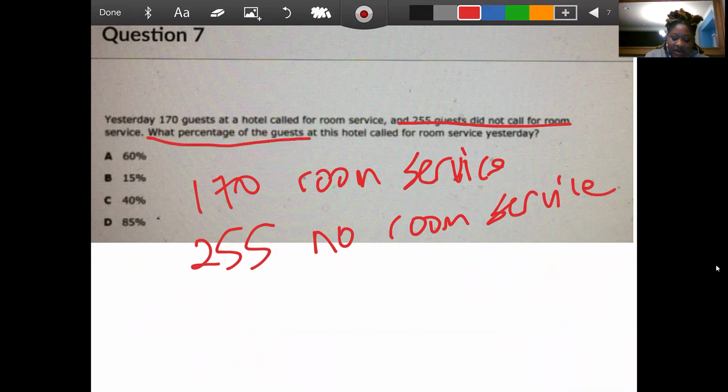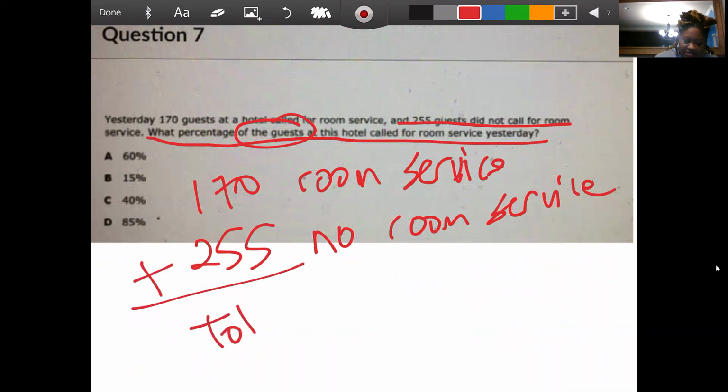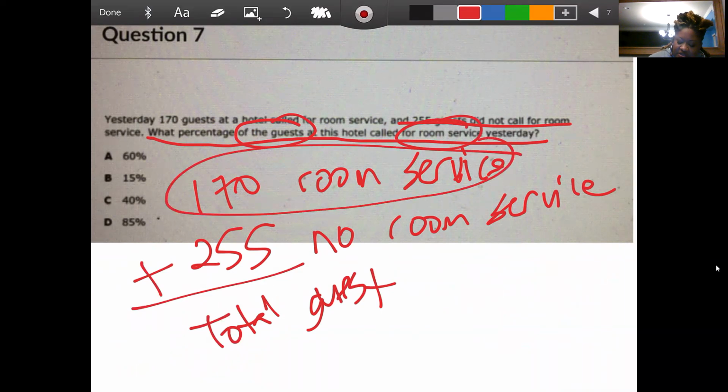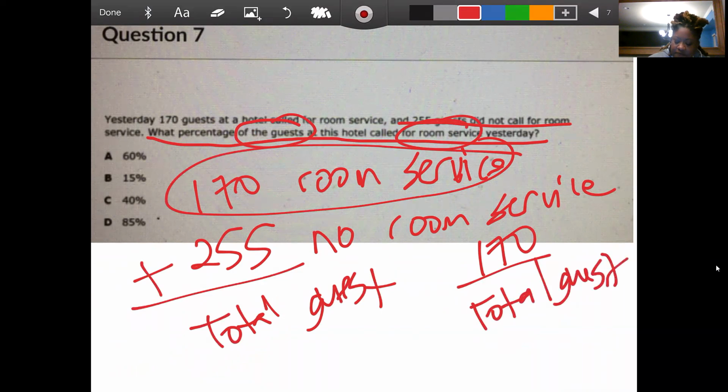What percentage of the guests, the total guests at this hotel, called for room service? So you need to find the total guests. Once you find the total guests, it's saying what percentage of the guests at this hotel called for room service? So how many called for room service? It's 170 over the total guests, and you will be able to get your answer.